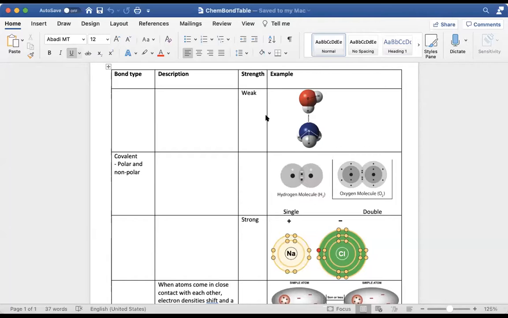Yep, that is a hydrogen bond. Does anyone want to offer up what description they gave, since mine was long and long-winded? Did anyone come up with a better, like, shorter description?